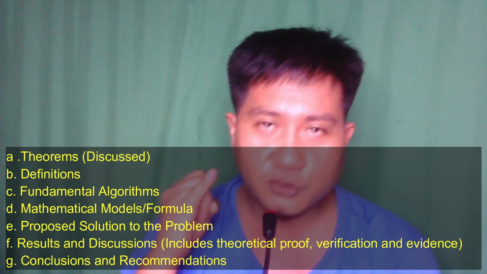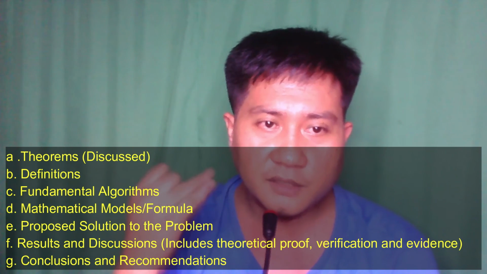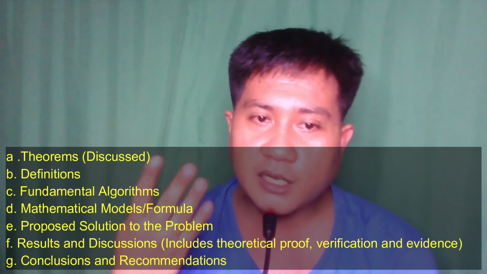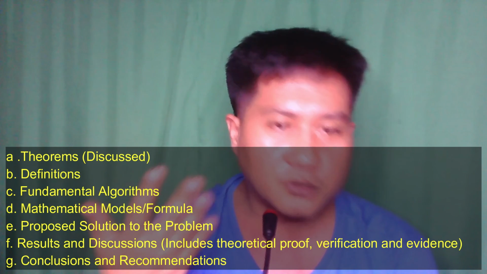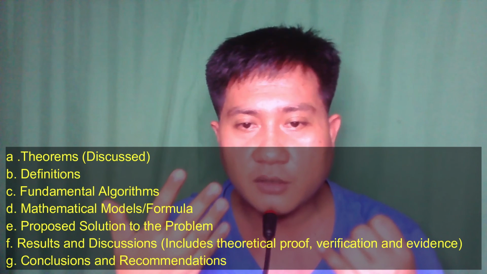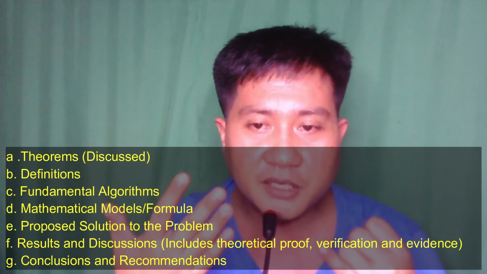Note that the theoretical background or your theoretical framework in your chapter 1, as well as the related studies, should include the following: theorems. You should discuss the theorems, the definitions, the fundamental algorithms, the mathematical models or formula, the proposed solution of the problem, results and discussions, which include theoretical proof, verification, and evidence.